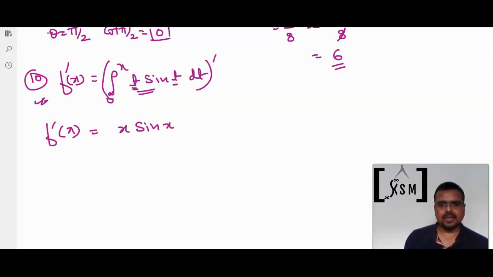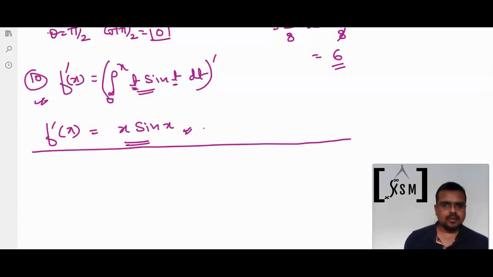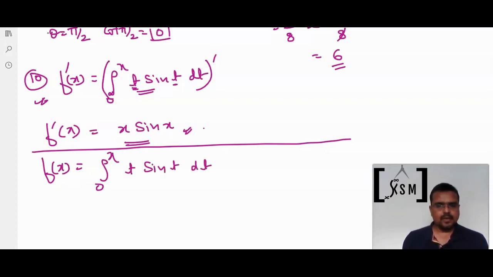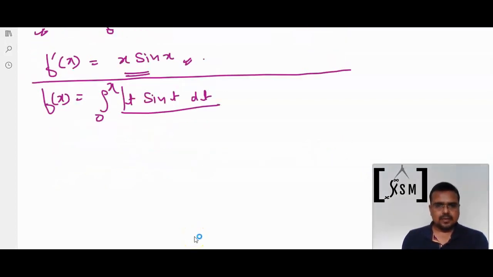Second way, to understand it mathematically better. f of x is given to us as integration from 0 to x of t sine t dt, right? So basically guys, we have to differentiate the integration. We don't need to integrate even. Let's suppose the integration is F of t, correct?